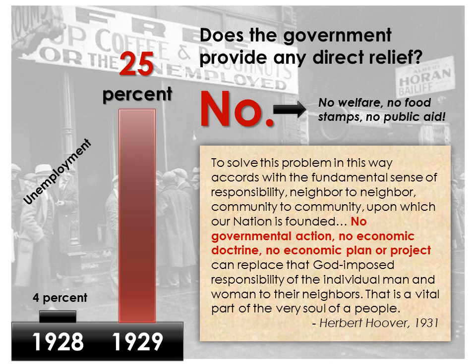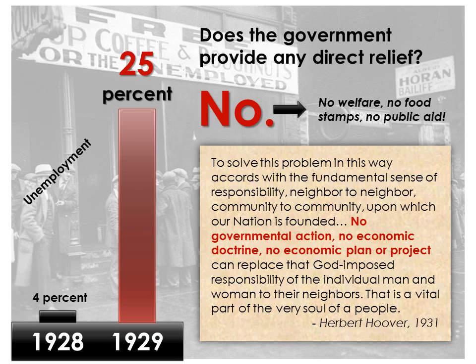Herbert Hoover, in 1931, when pressed to institute something like this or to consider some kind of public relief, responds by saying, "To solve this problem," that is the Great Depression, "in this way accords with the fundamental sense of responsibility, neighbor to neighbor, community to community, upon which our nation is founded."